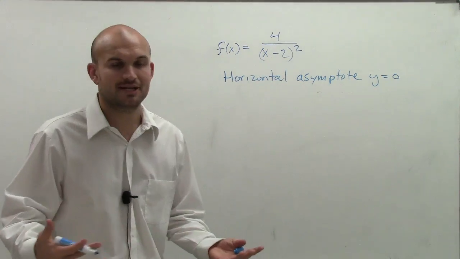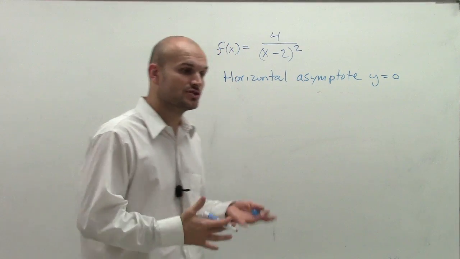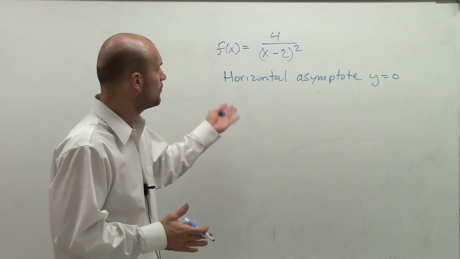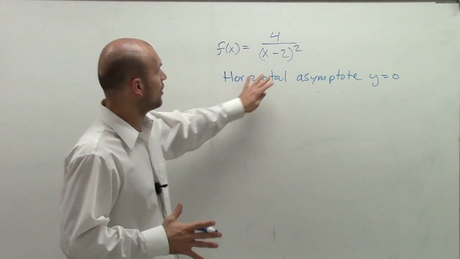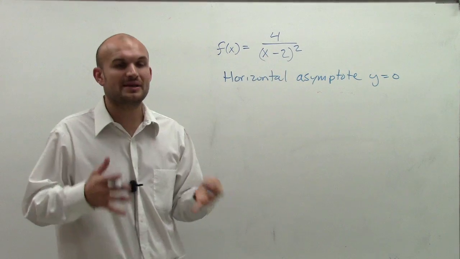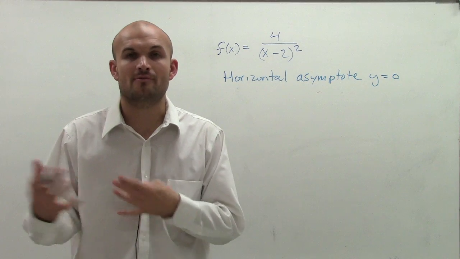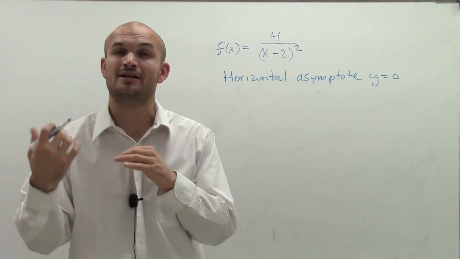The next thing is we need to determine what the vertical asymptote is going to be. So to do that, we're going to look at the restrictions for our function. And the only restriction on this function is, remember we talked about rational functions, you cannot have the denominator equal 0.